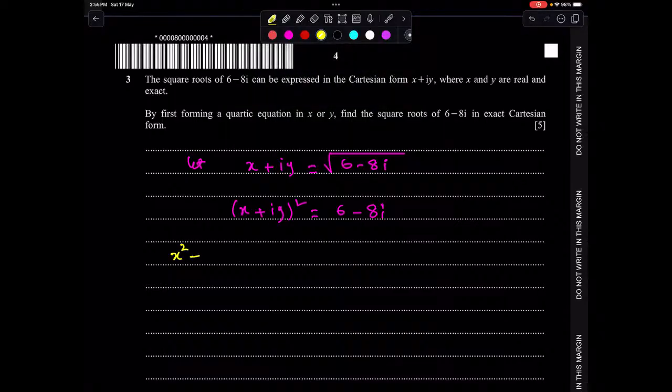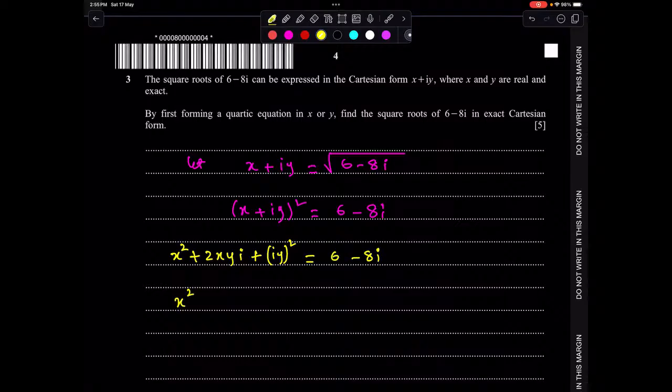So x square, 2xyi, iy square, equals 6 minus 8i.